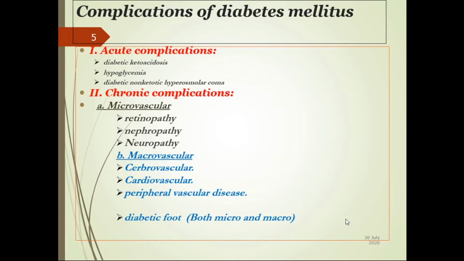So acute complications are diabetic ketoacidosis, hypoglycemia, and hyperglycemia. Then chronic complications are divided into two, that is microvascular and macrovascular. In today's episode, we will talk about macrovascular complications of diabetes.